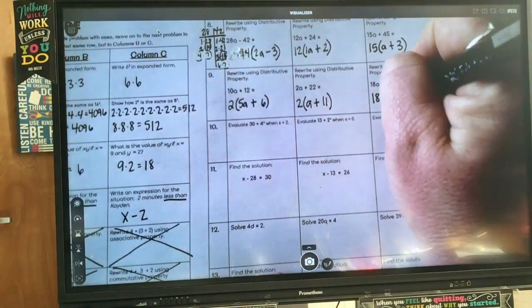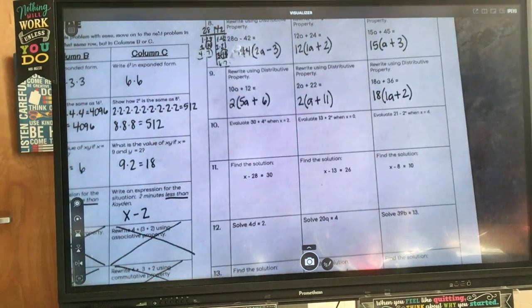Perfect. Alright, so raise your hand if you got to the 10th row. If you did not, take a minute to at least get 10A and 10B done. The biggest one we got. Longest question.